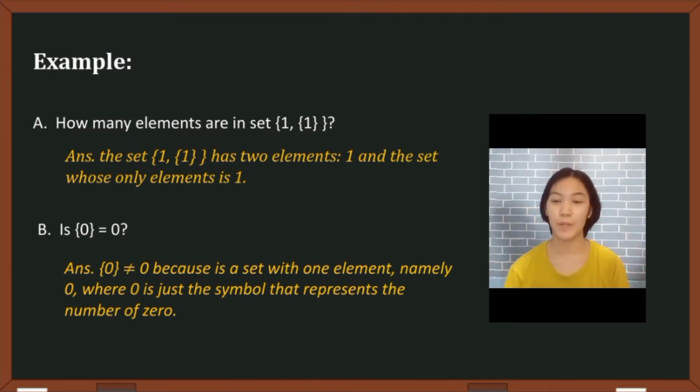Letter B example: is the set 0 enclosed by braces equal to 0? Therefore, they are not equal because the 0 with the braces is represented as a set of 1 element.